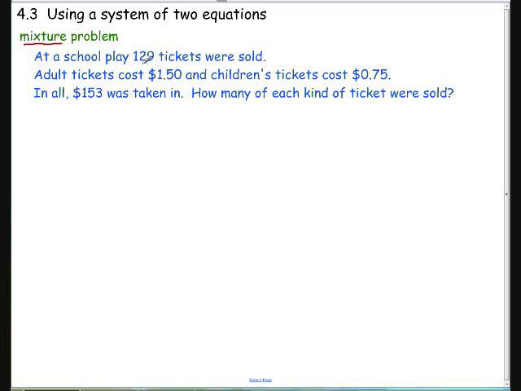At a school play, that's how many tickets were sold. We have adult tickets and children's tickets. That's what the mix is.